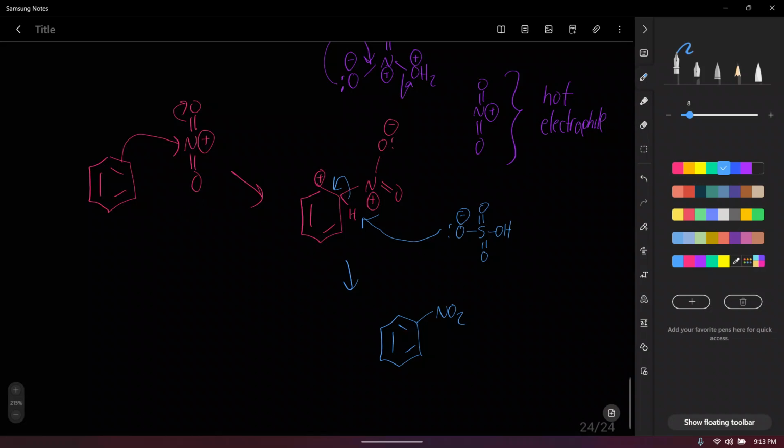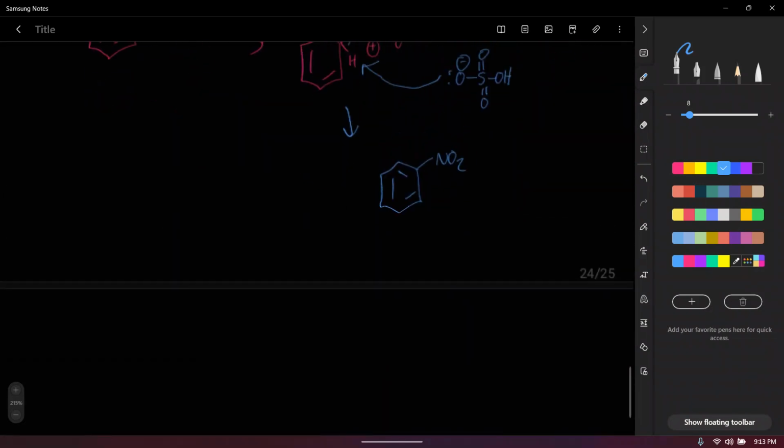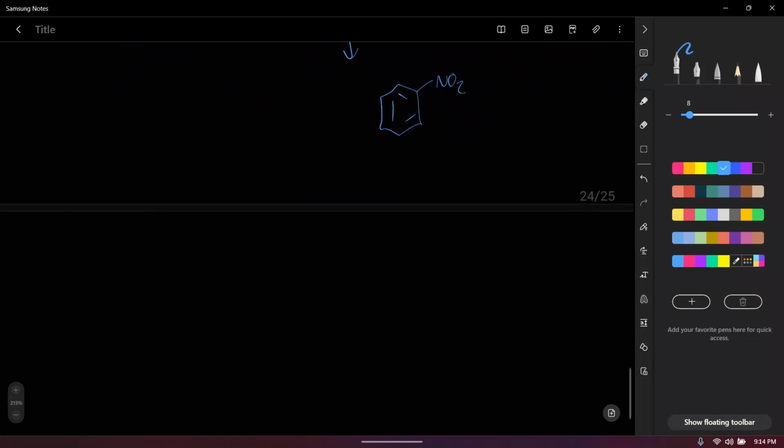And you may also have said to yourself, damn, Brian, I'm not sure I've ever seen an NO2. NO2 is actually slightly more synthetically relevant than like SO3H. But the main reason that we talk about being able to introduce NO2 groups is because if you have an NO2 group, and you don't have to know the mechanism for this part, at least I don't think you might, well, we'll go over the mechanism if we really need to. But what you can do with an NO2 group is you can reduce it.